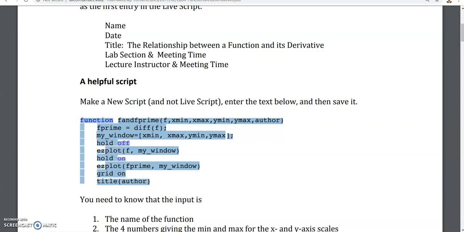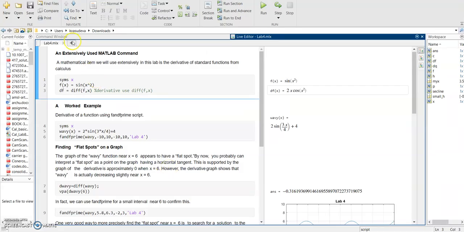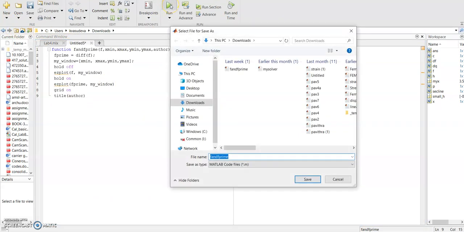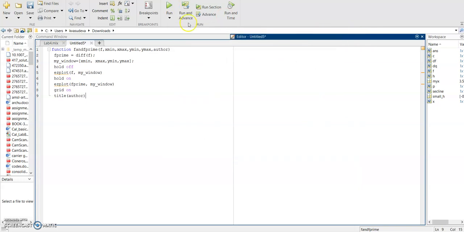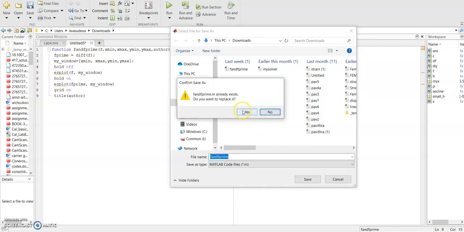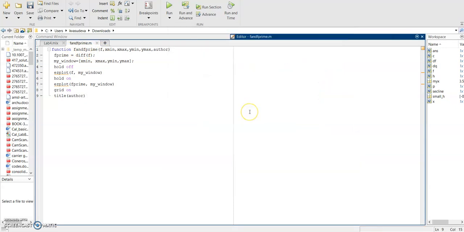Copy that and paste it in a new script, and save the function in the name of the function itself. When you go to save, MATLAB by default asks you to save with the name of the function itself. The function name is f and f prime. I've already saved it, so I'm going to replace the same thing.